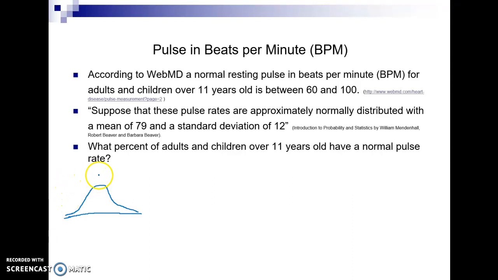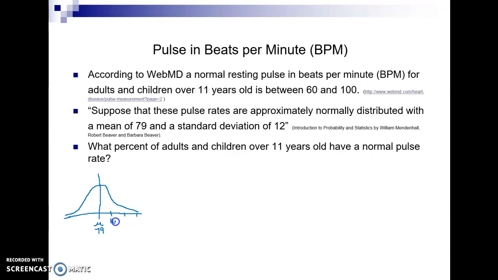In the middle of that is where the mean is, and we are told that the mean here is 79. So we use the Greek letter mu for mean, and it is 79. We know that the normal curve is divided up by standard deviations, and that we're concerned about the first three standard deviations on each side.